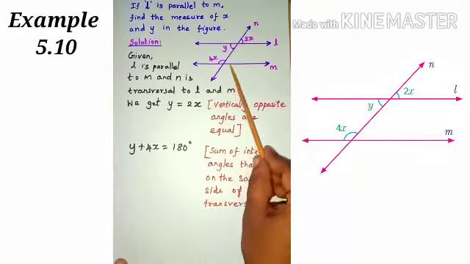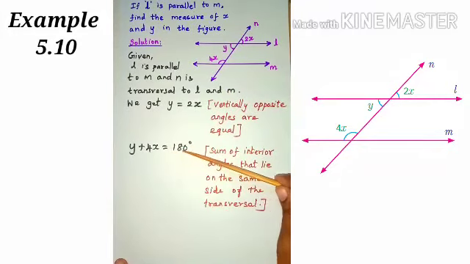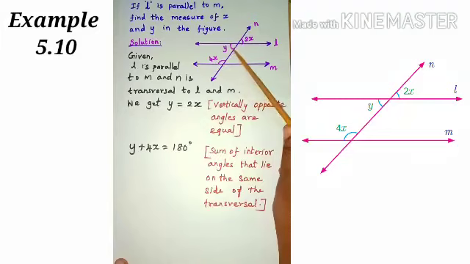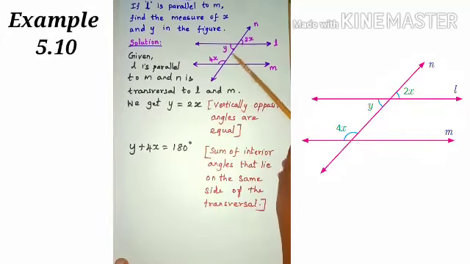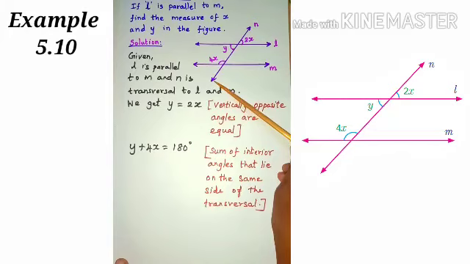Then Y plus 4X is equal to 180 degree. Here 4X and Y are interior angles and they lie on the same side of the transversal N. By the property, the sum of interior angles that lie on the same side of the transversal is supplementary.